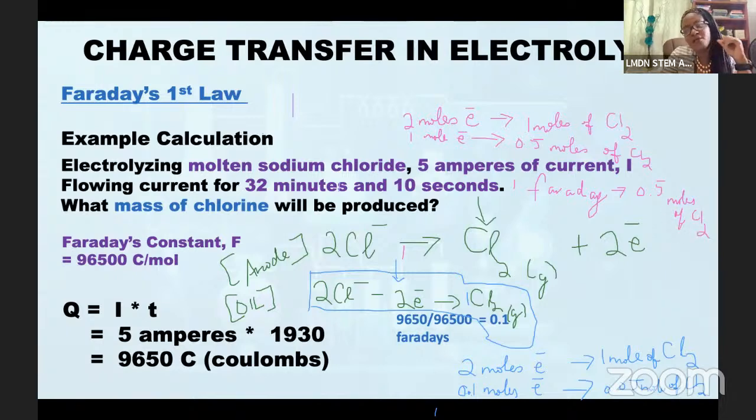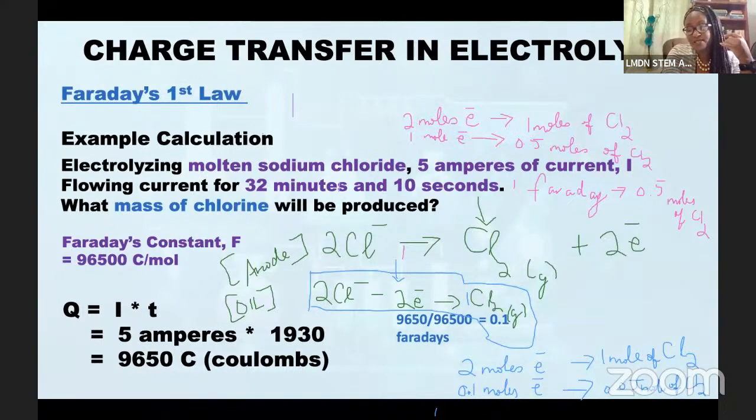Because remember that we said Faraday's constant is the electric charge required to move a mole of singly charged ion in an electrolytic cell. So that's equivalent to what 1 Faraday is, and that's what we got.